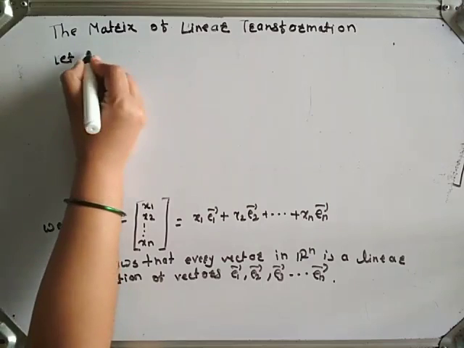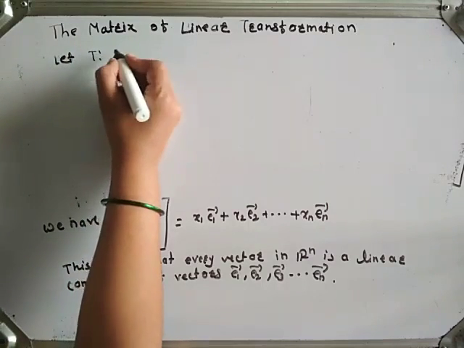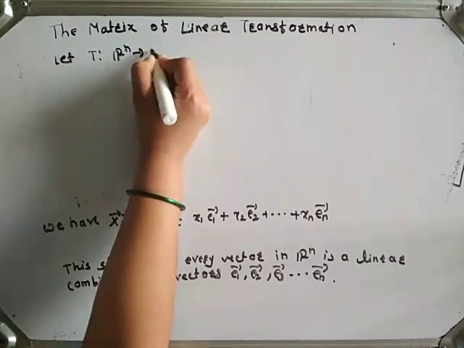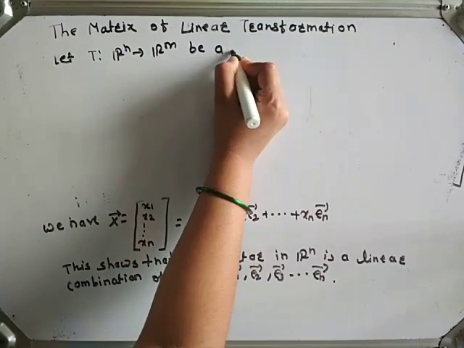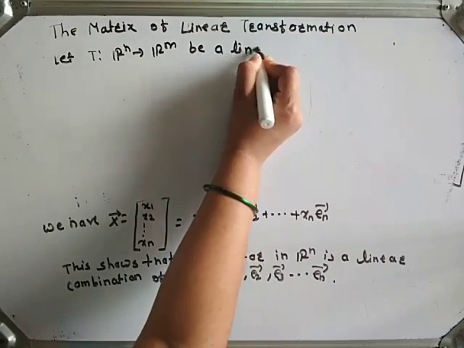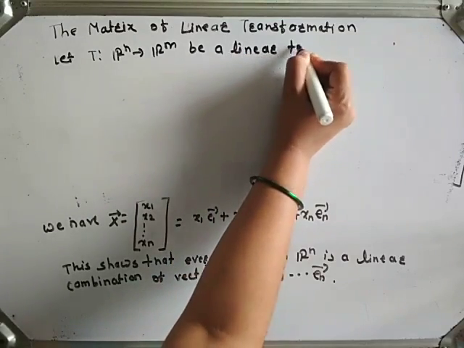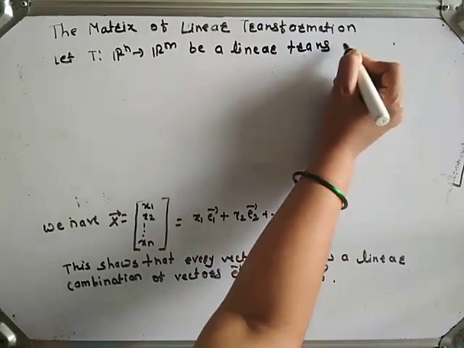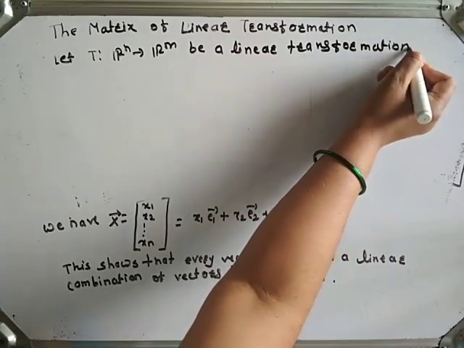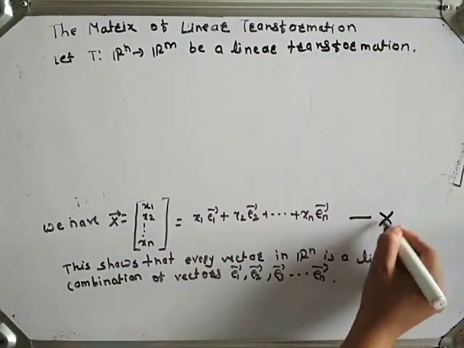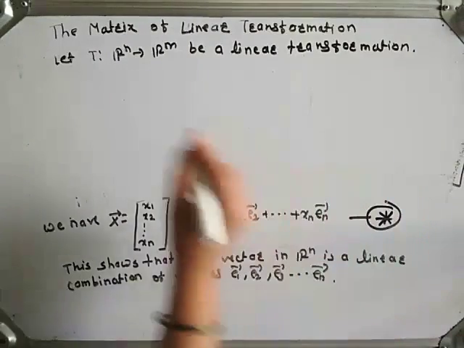Let T from Rn to Rm be a linear transformation. Call this equation number star.